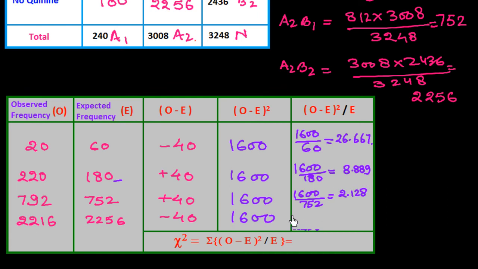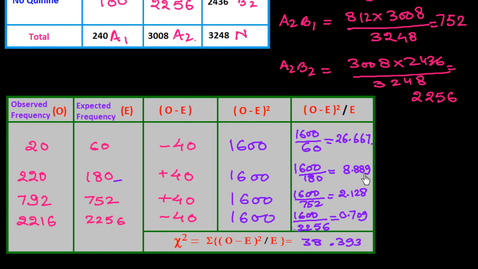And finally 1600 divided by 2256 gives 0.709. Now we get the summation of these, and we get 38.393.